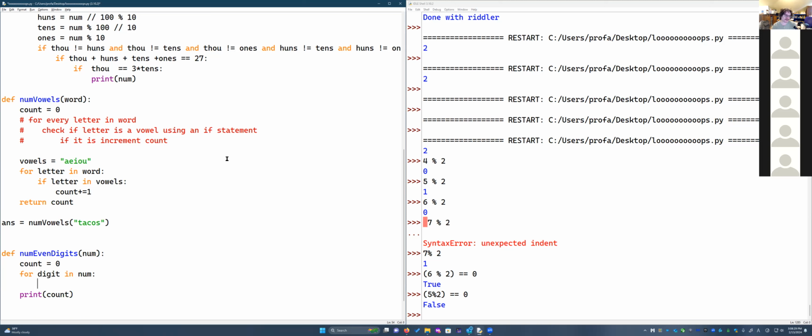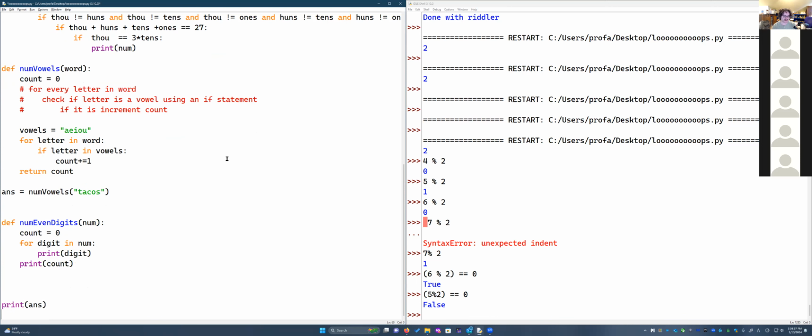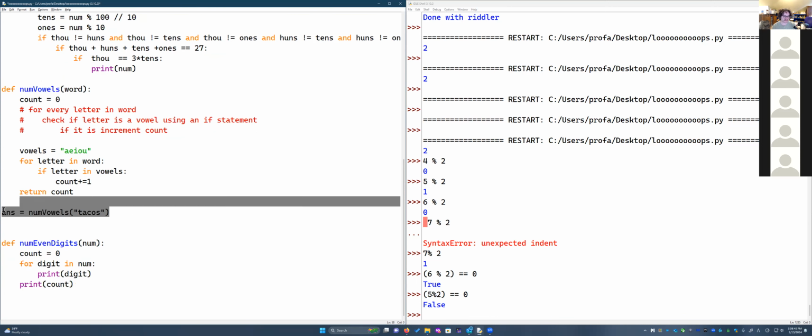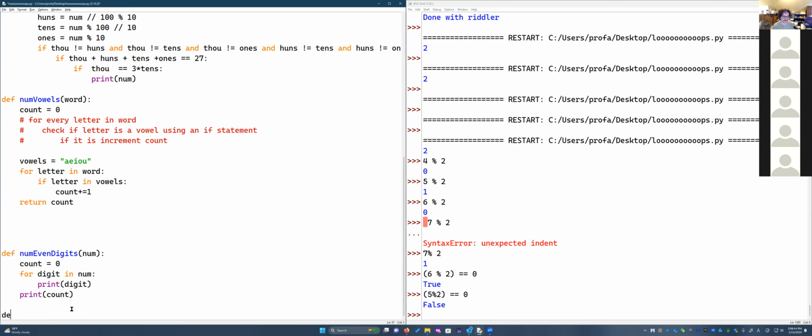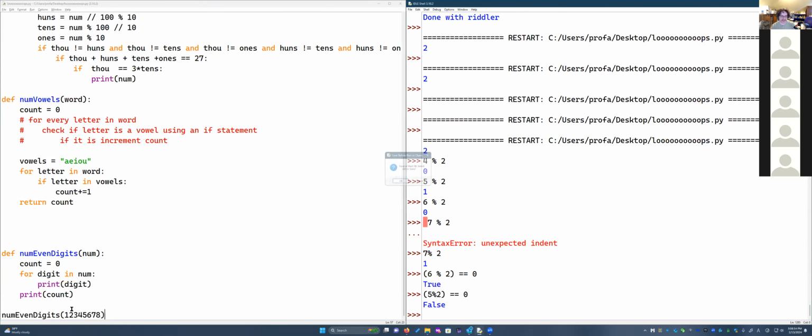Unfortunately, if we try to do it like this, just for kicks, def, I'm sorry, num even digits, how many even digits are in that?